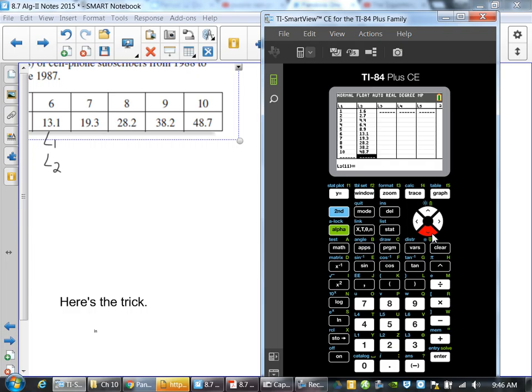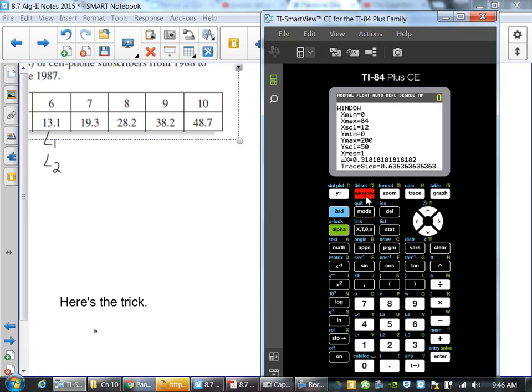Anyway, so we've got a data set, which means we're going to mess around with our window. Our window will probably go 1 through 10, and 0 through 50, maybe. I would just go by ones.